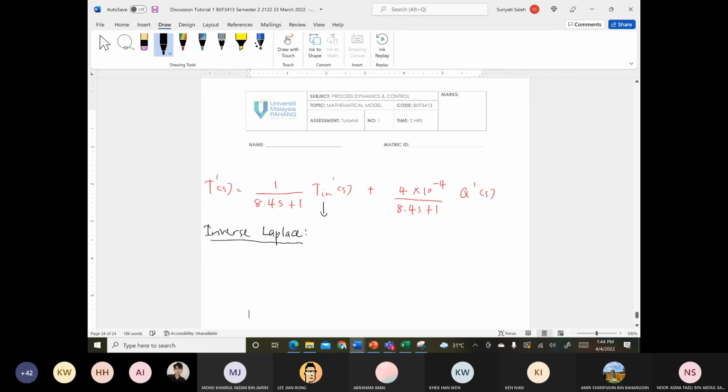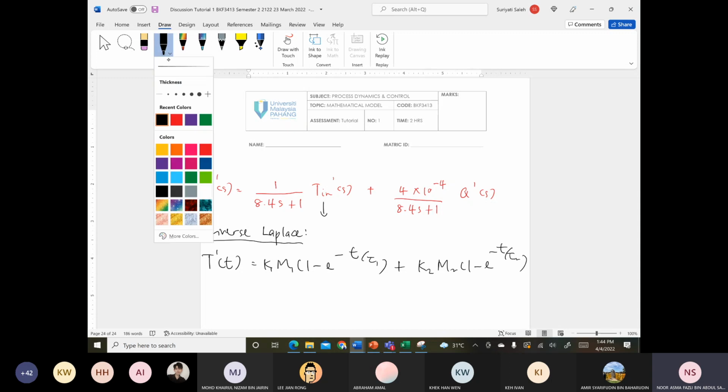Then this becomes T prime of t equal to, since this is the first order, K M1 times 1 minus exponent negative t over tau. Since I have two transfer functions, I can put K1 M1 tau 1 here, just to differentiate, plus K2 M2 times 1 minus exponent negative t over tau 2.